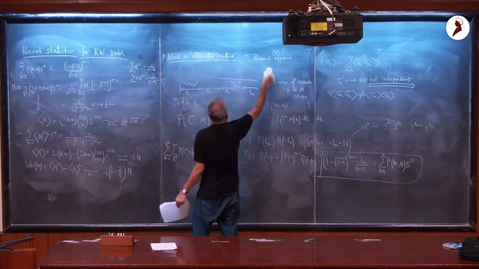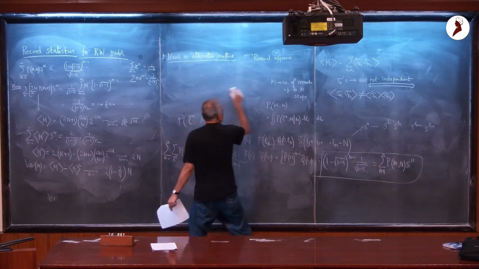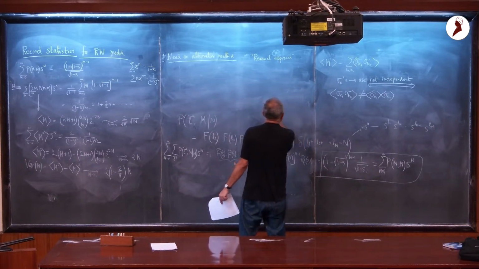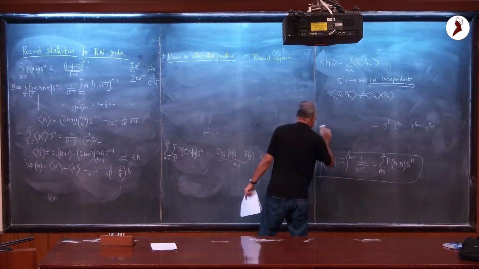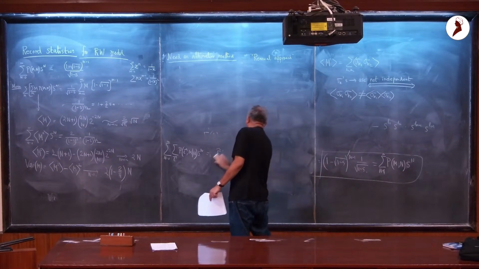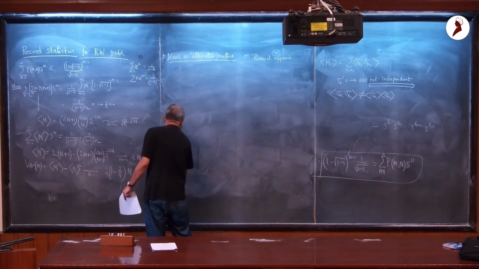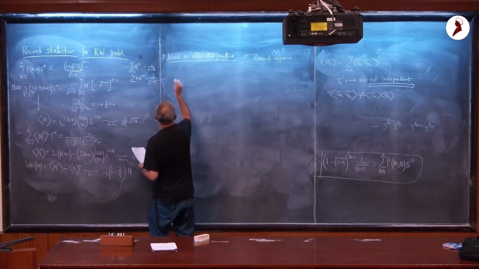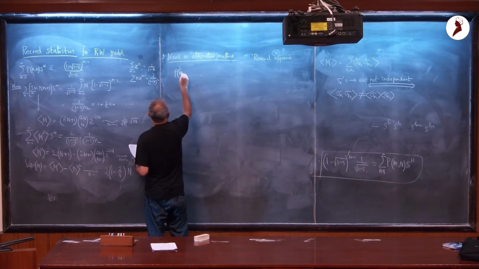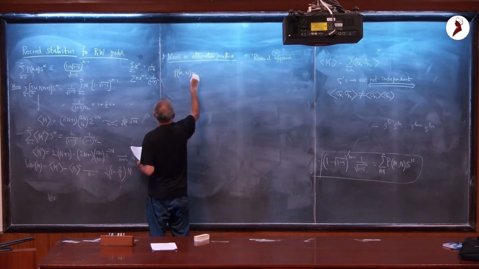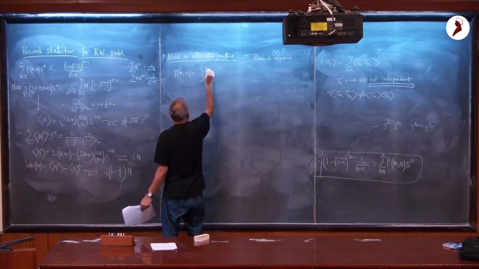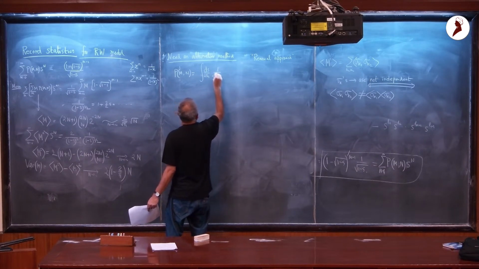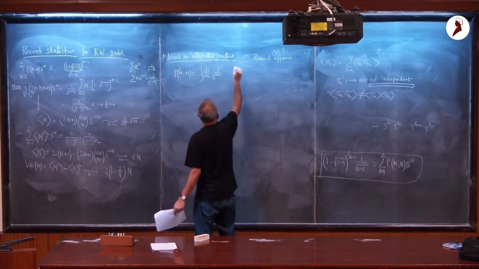Okay. You can do it, and the answer is, so basically you can use what is called Cauchy's theorem. So this will be an integral ds in the complex s plane, 1 over 2 pi i, 1 over s to the power n plus 1 times this object.